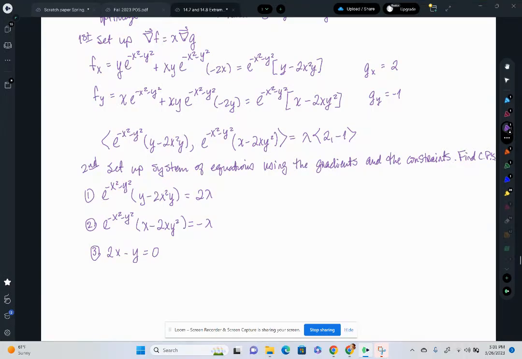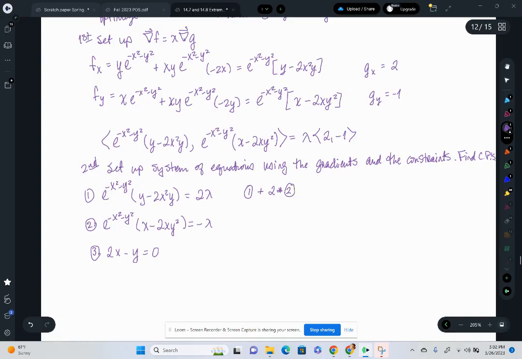But I do notice that in equation 1, on the right side of the equal sign, I have 2 lambda. Equation 2, on the right side of the equal sign, I have minus lambda. So I'm thinking that maybe I could add these two equations together to eliminate the lambda. And the way to do that is I would take equation 1 and add it to 2 times equation 2.